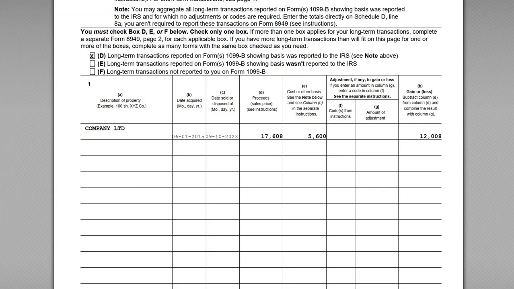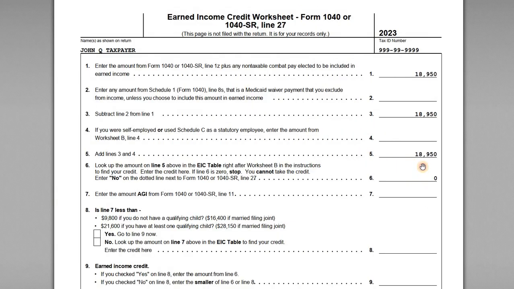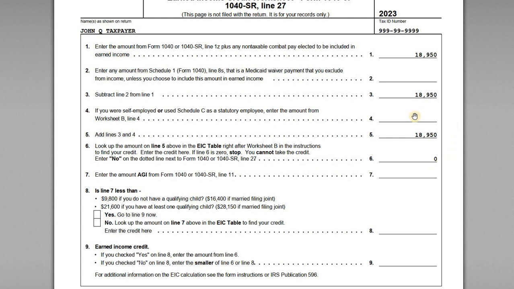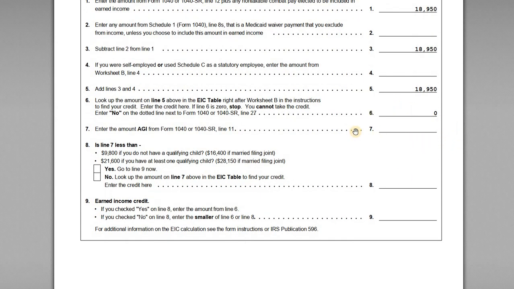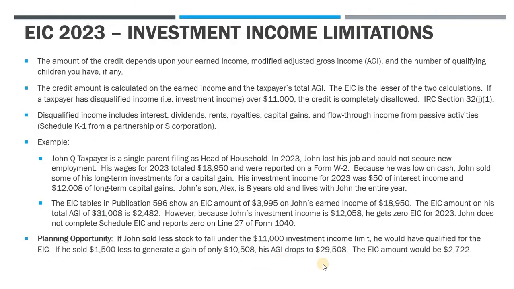So when John would complete his EIC worksheet here, he could look up the EIC amount for the earned income and then enter his adjusted AGI, the $29,000 and change figure, and look up the EIC amount on that $29K AGI.